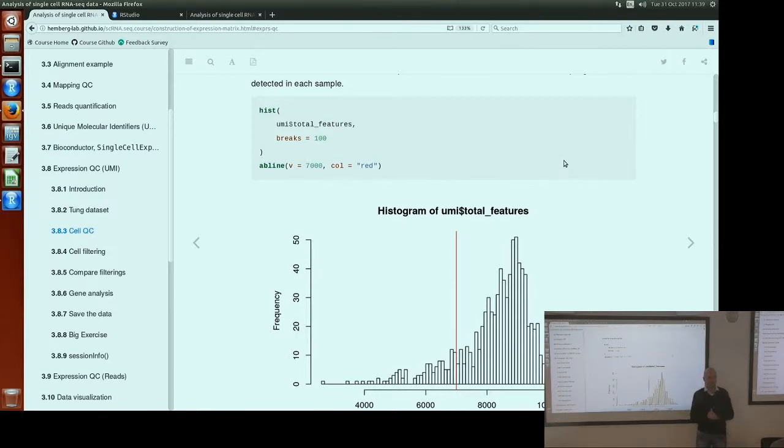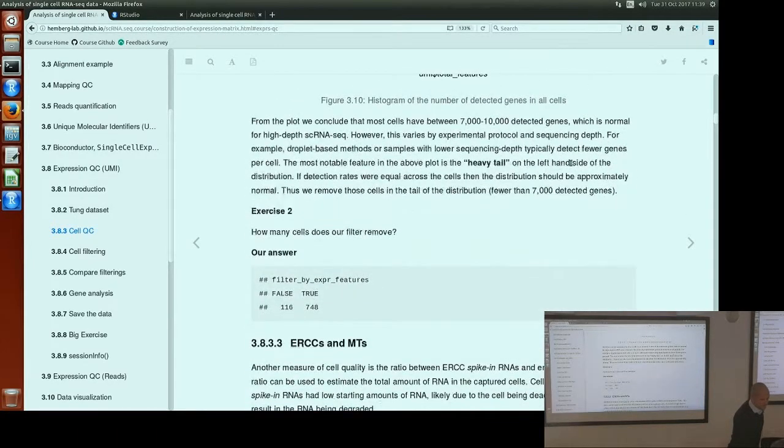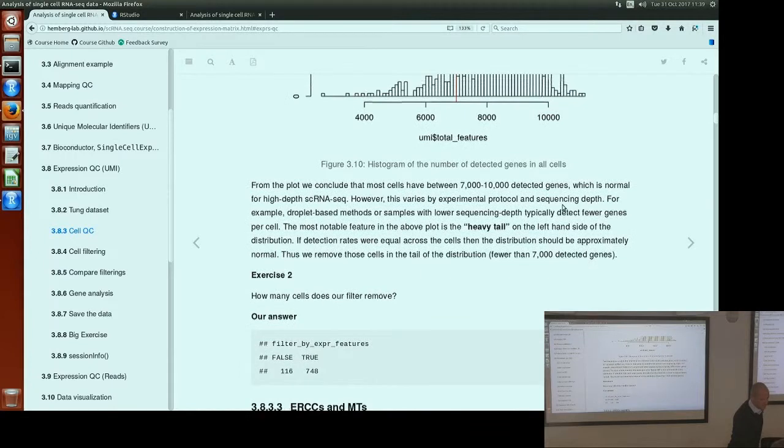Any other questions? So here we have exercise 2, which is related to this histogram. Here we have some comments which say that, again, these histograms vary depending on the protocol. In droplet-based methods, you will have lower sequencing depth, and so fewer genes will be expressed per cell.